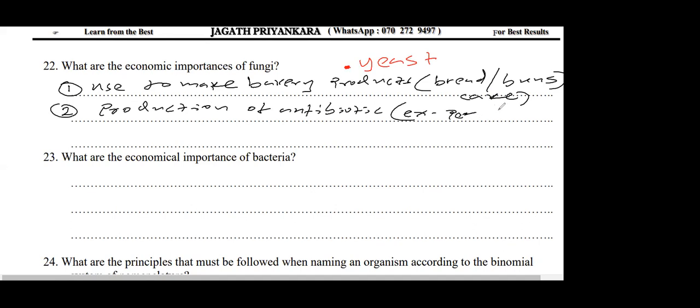Then the third one you can write: used as food, as a protein supplement. If you want to write that as food, within brackets you can put a slash, protein supplement. Example: mushrooms.